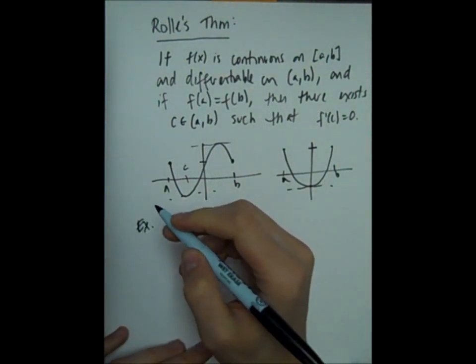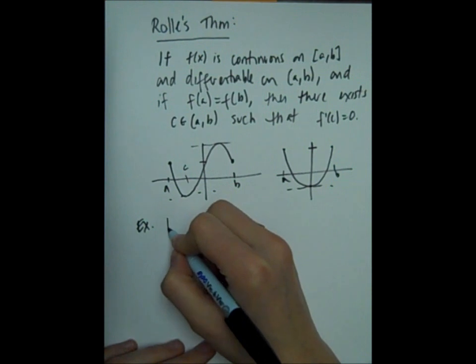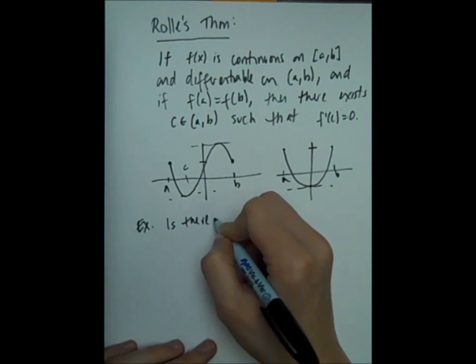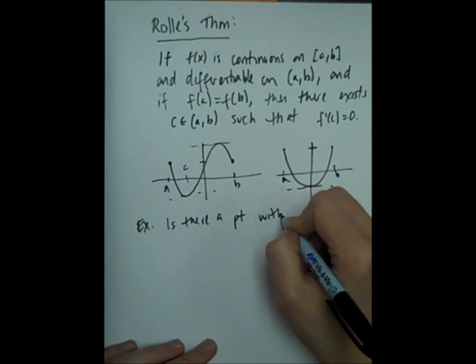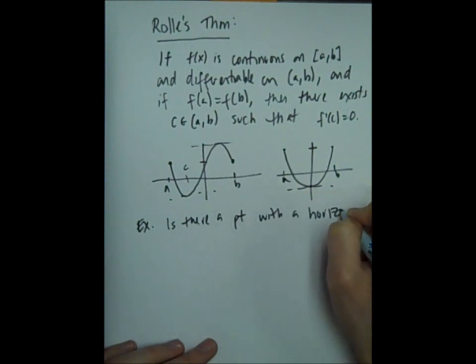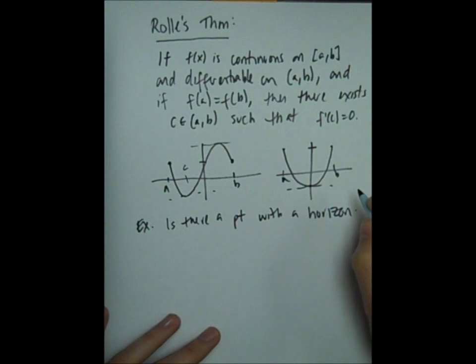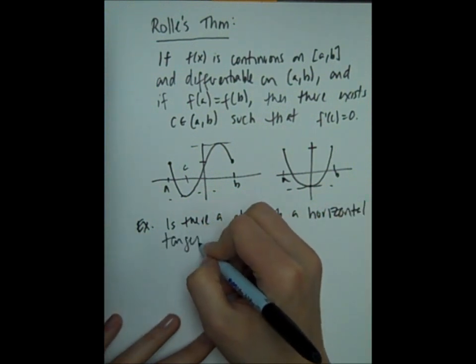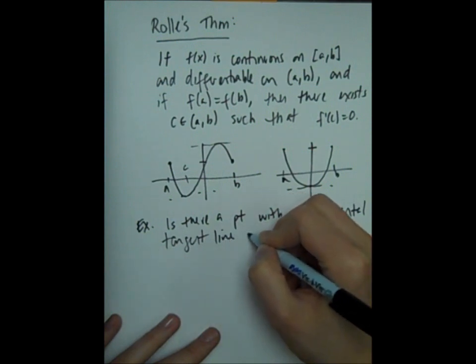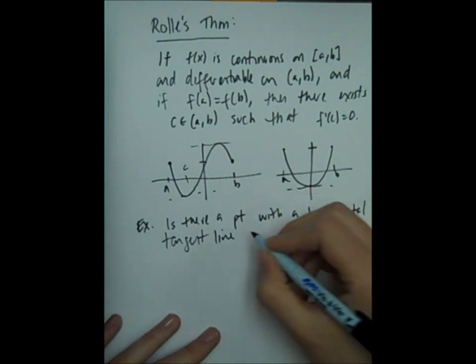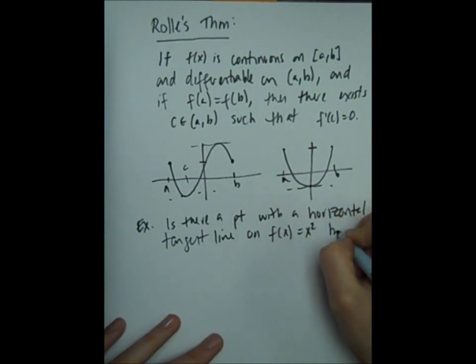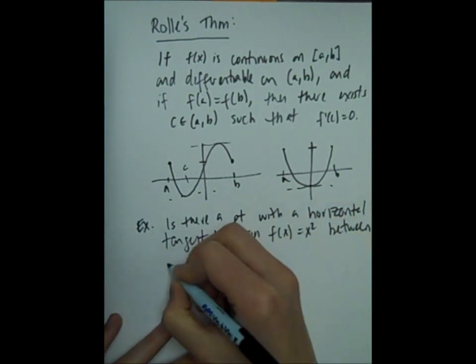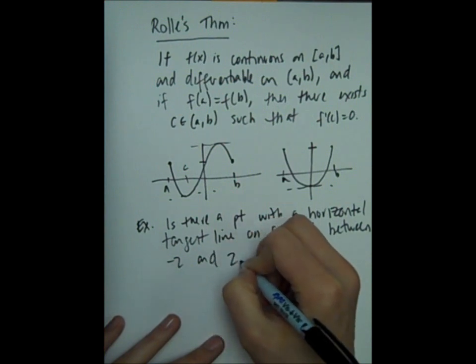So let's do an example of this. Is there a point with a horizontal tangent line on the function x squared between negative 2 and 2?